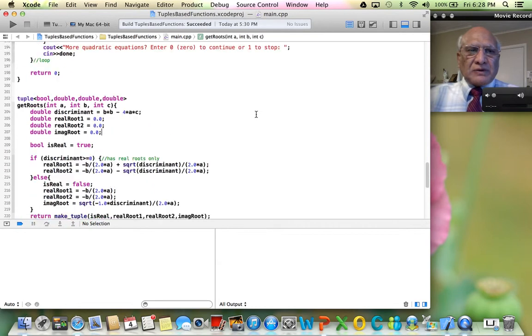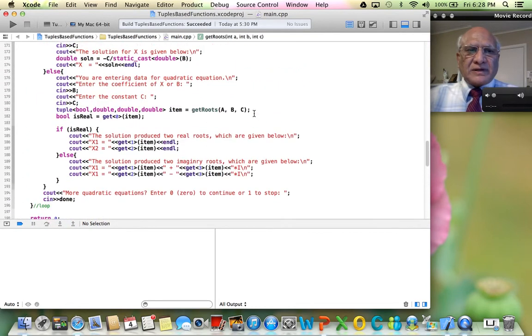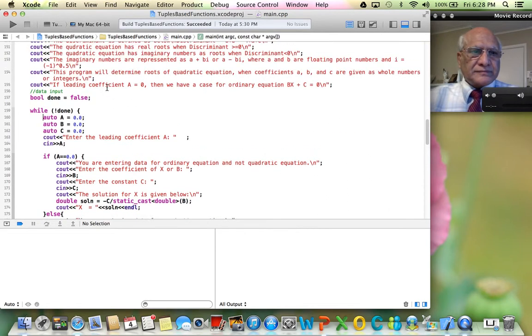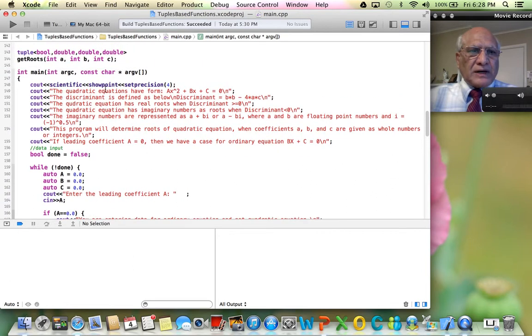Now I'm going to show you in the main basically how we use the function. So in the main I have a loop, but I'm not going to worry about the loop too much. I'm just going to show you how the function works like one time.